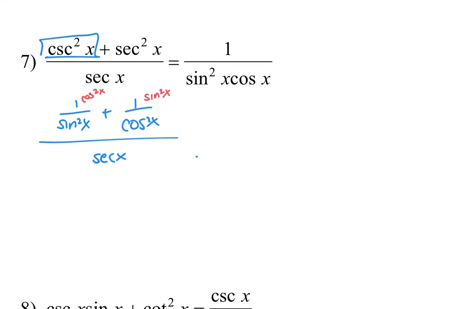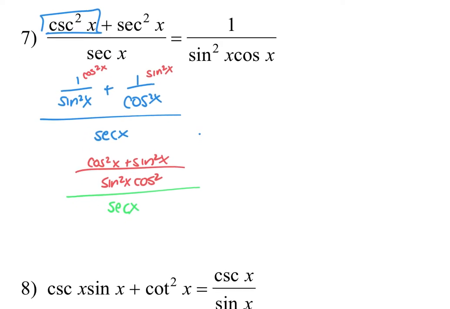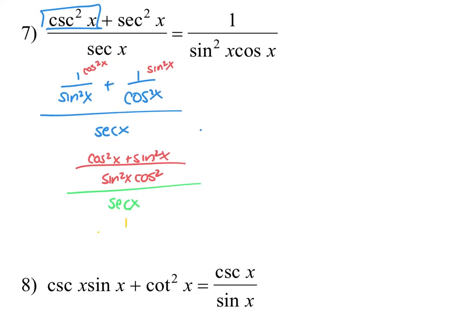And I end up with cosine squared plus sine squared over sine squared times cosine squared, still all over secant. So then what's cosine squared plus sine squared? 1. So I get 1 over sine squared x cosine squared x, and all of that goes over secant x.